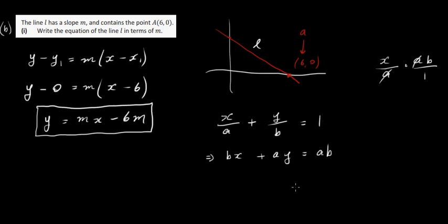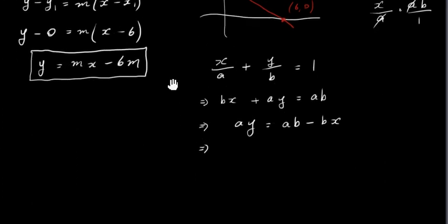Okay, so let's get the y on its own here, because we want it to look like this here. So we end up with ay is equal to ab minus bx. Next thing we've got to do is just divide across by a.